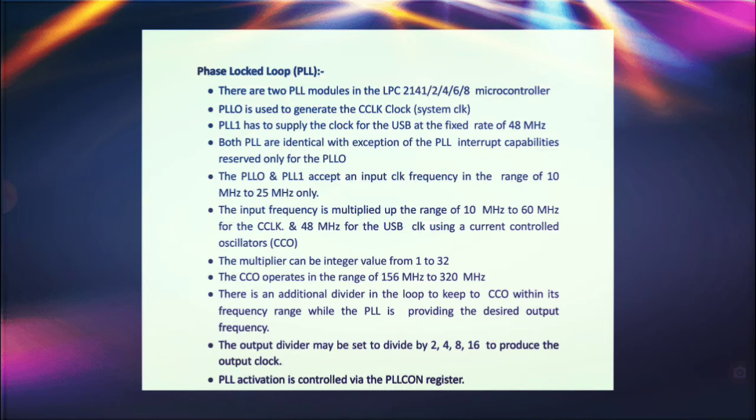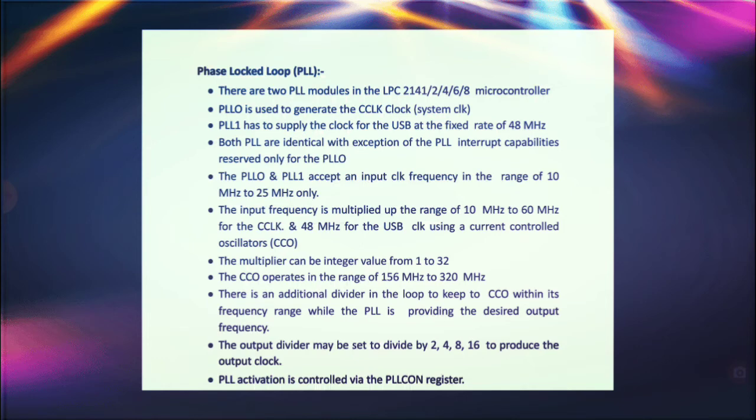Phase locked loop. There are two PLL modules in the LPC 2148. PLL0 is used to generate the CCLK clock system. PLL1 has to supply the clock for the USB at the fixed rate of 48 MHz.